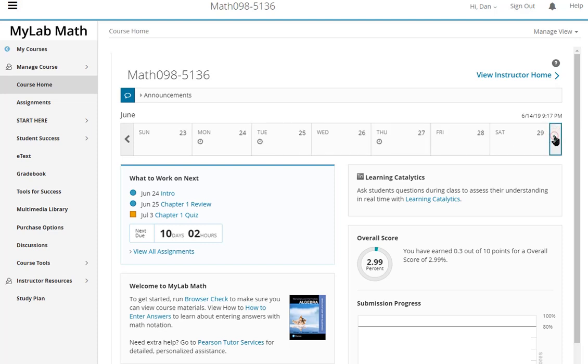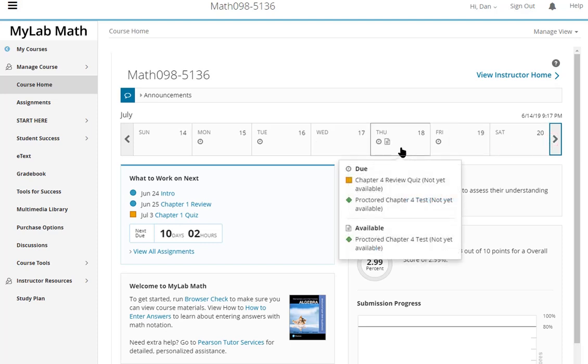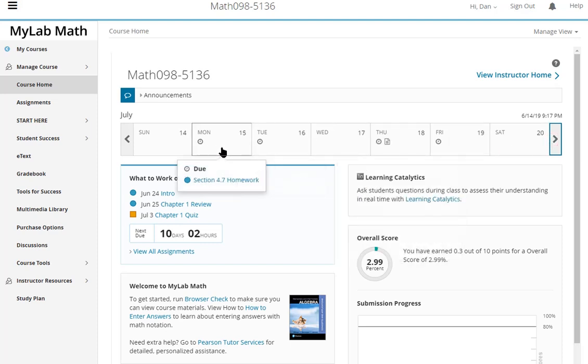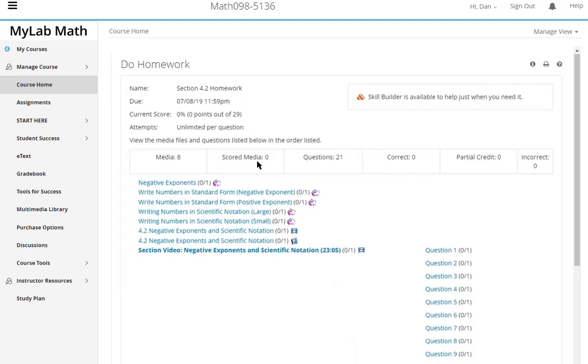And the assignments, when we get into the actual Math 98, like here's section 2 from chapter 4. When you open up that homework, there's attached media that will give you the lectures.